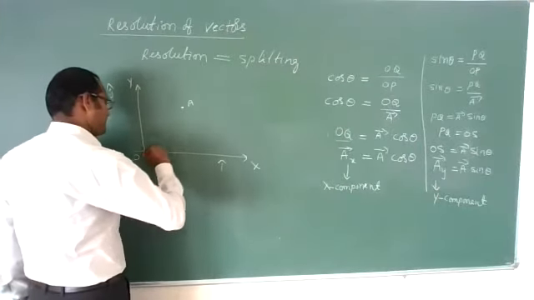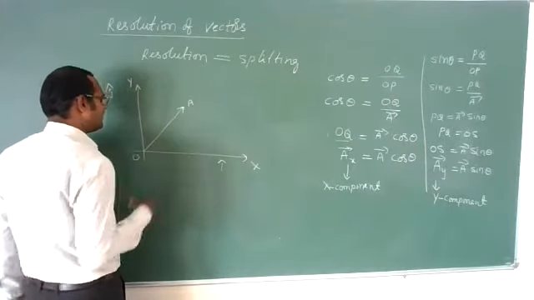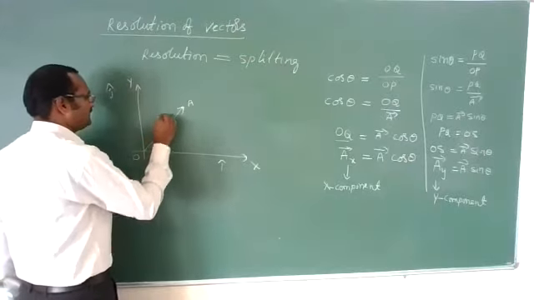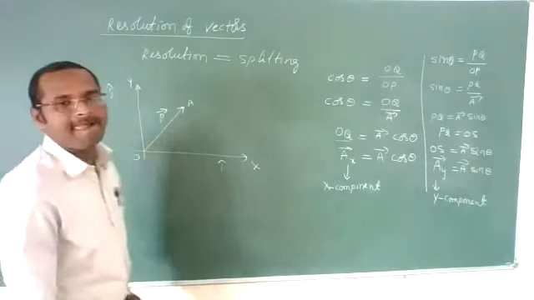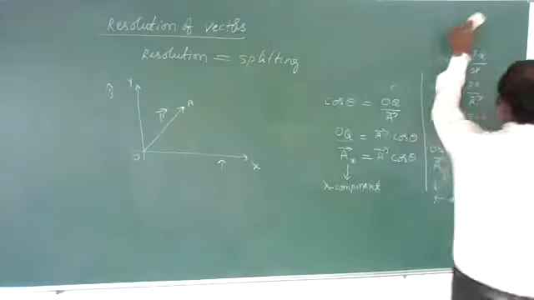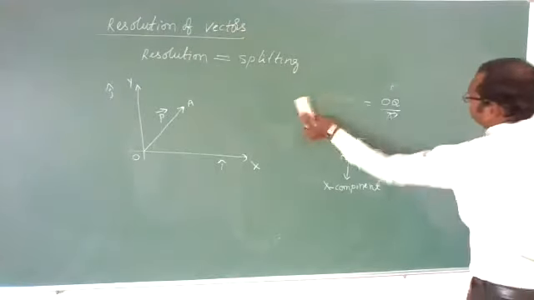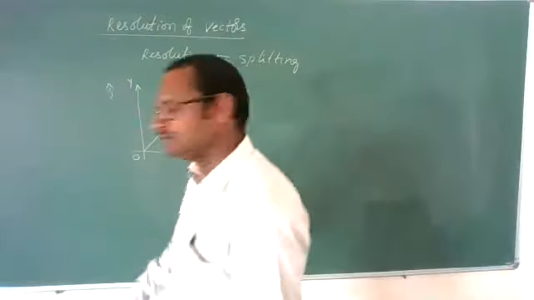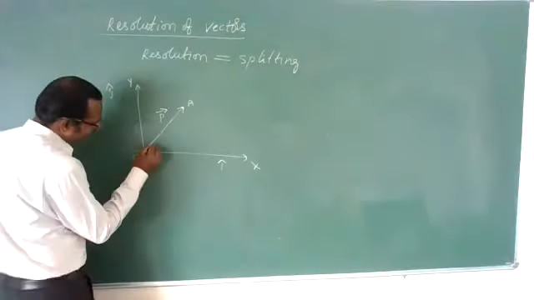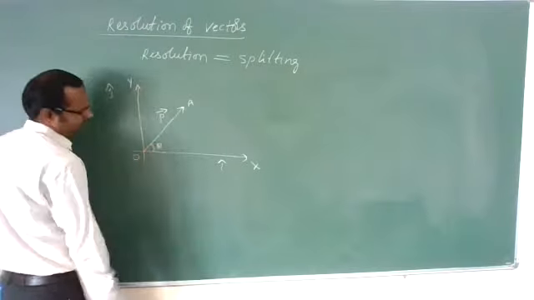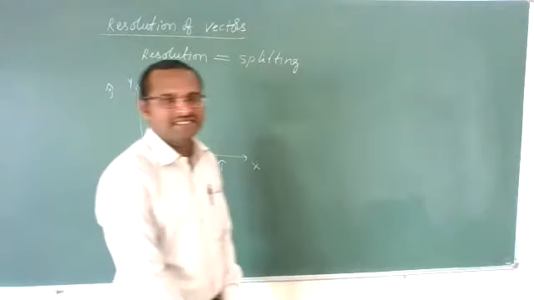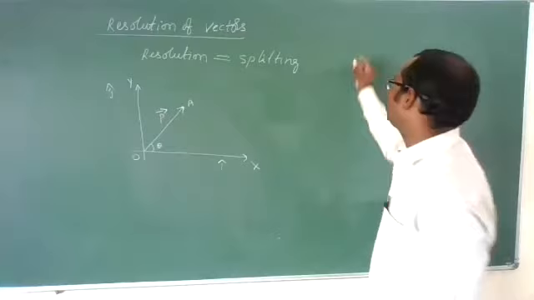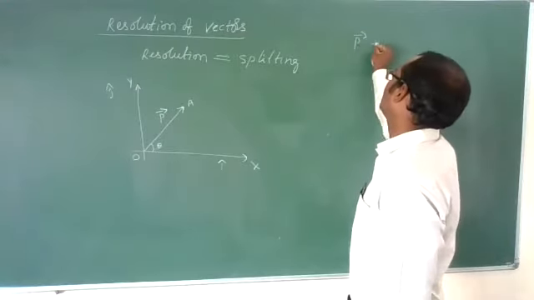Now, I am having one vector. My vector is this, P bar. P bar is a vector now for me. Clear? Yes. And it is making some angle theta with x-axis. Now resolve this P bar vector into its components.